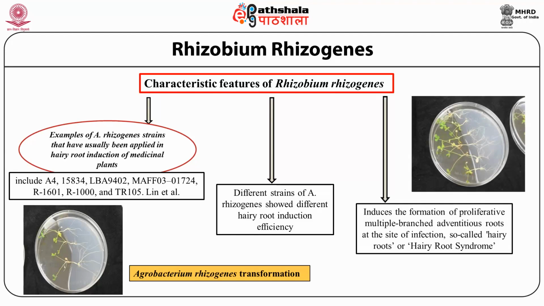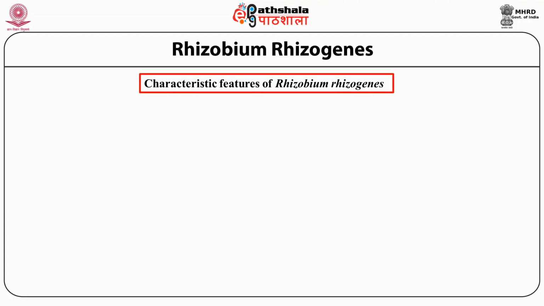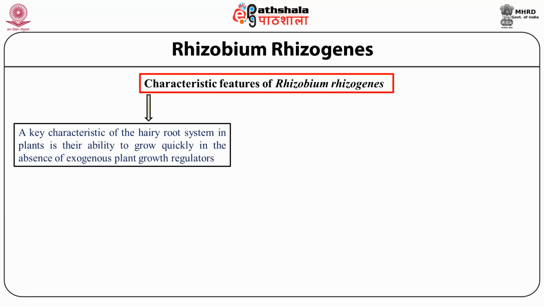They induce the formation of proliferated multi-branched adventitious roots at the site of infection. This bacterium causes hairy root syndrome. The characteristic feature of the hairy root system in the plant is the ability to grow quickly in the absence of exogenous plant growth regulators.